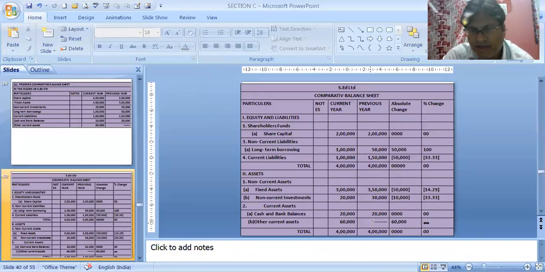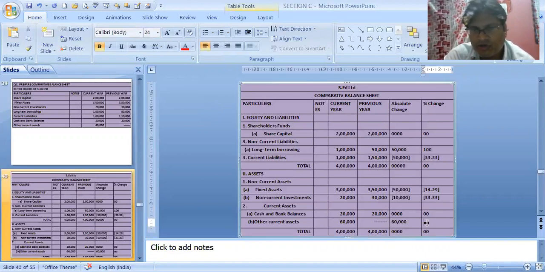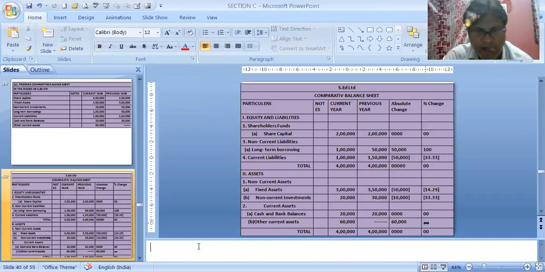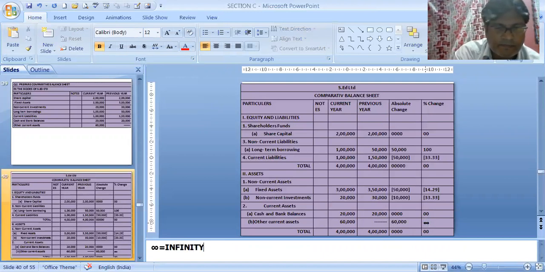Then 60,000 minus 0 is 60,000. 60,000 divided by 0 into 100 is infinity, undefined. This is our sum, we have solved it. And this one is 40,000 minus 40,000, 0. No change, so no percentage change.